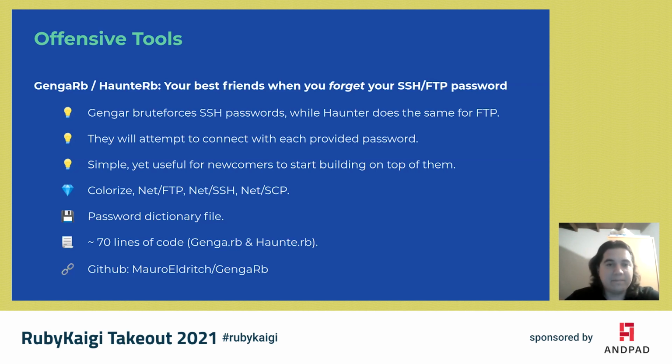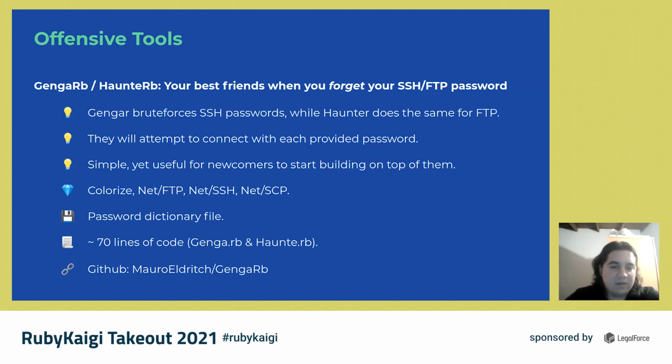We use the most common ways of connecting, which are NetFTP, NetSSH, and NetSCP, which, in the case of SSH and SCP, are some nice gems that provide a really transparent way of doing these connections. They are really simple, and yet pretty useful in case you want to extend them, because as basic as they are, there's a lot of room for improvement.